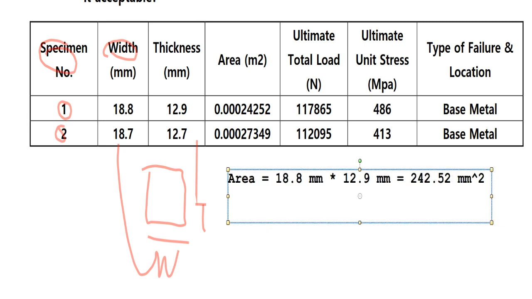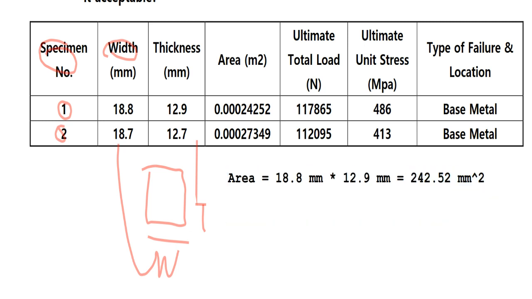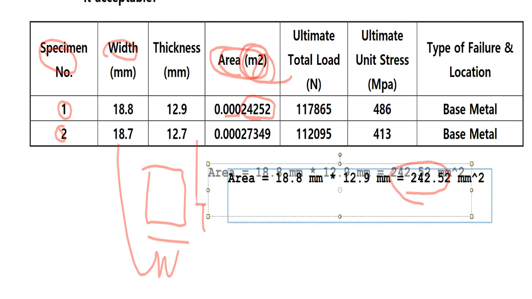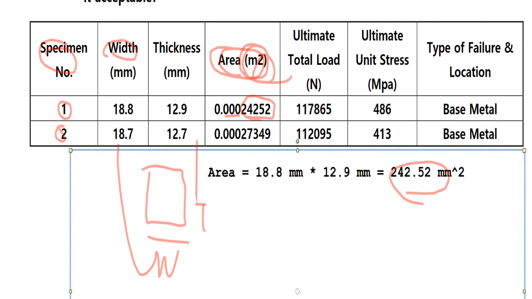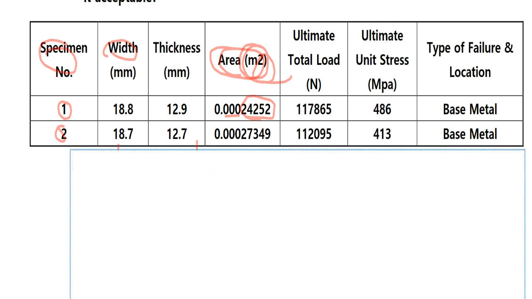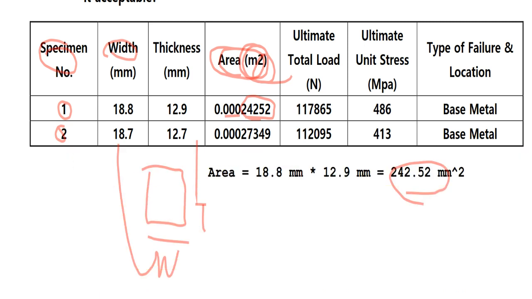If you convert this to square meter, divided by 1 million, then 0.000024252, which is the same number as here. But forget about this square meter. This is the area.